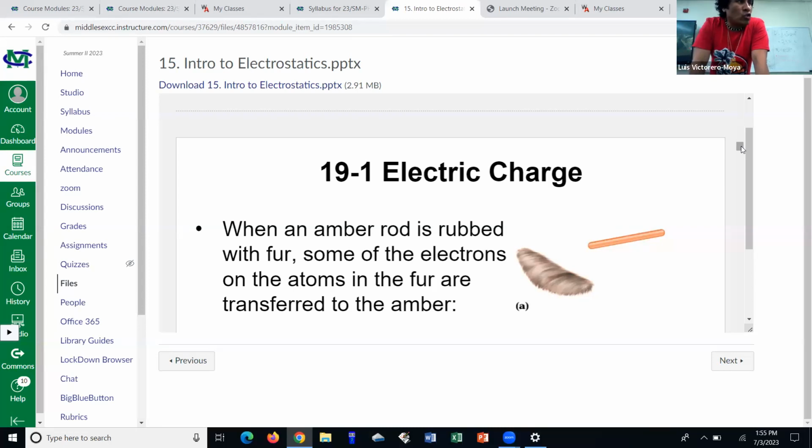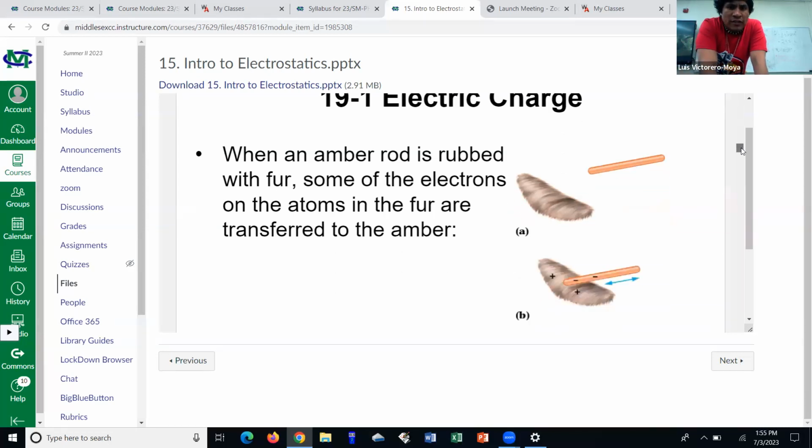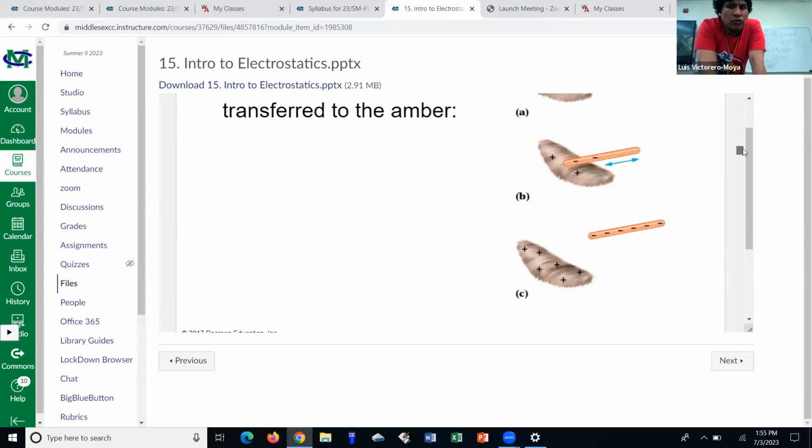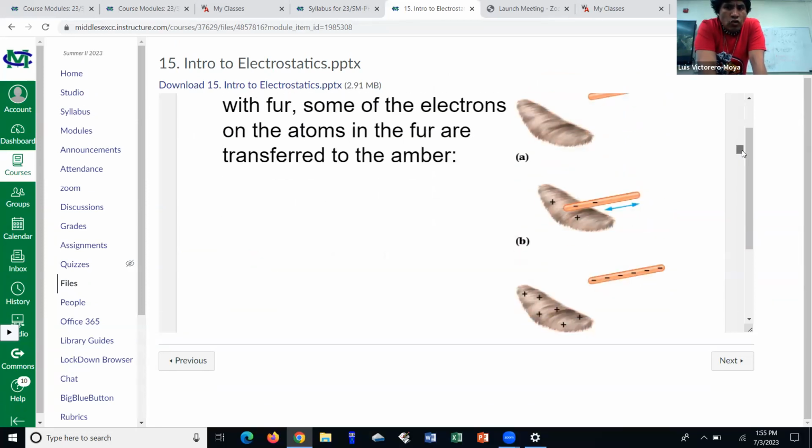We still are not talking about electrons moving, like for example, in a cathode ray tube. Not yet. We're going to get into that later. So those are important observations that we made to understand the whole concept of charge. And there you are, right? If you transfer electrons towards the amber rod and you remove them from the fur, that's what happens.